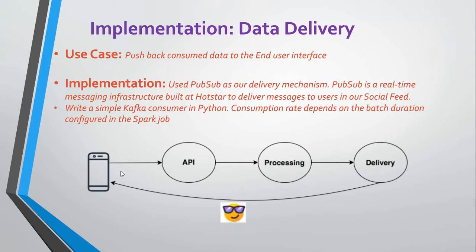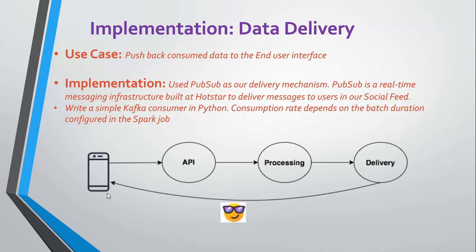Here they are using PubSub as a delivery mechanism. PubSub is a real-time messaging infrastructure built at Hotstar to deliver messages to the users in the social feed. Basically, it'll be a kind of API that posts a message back to the device.